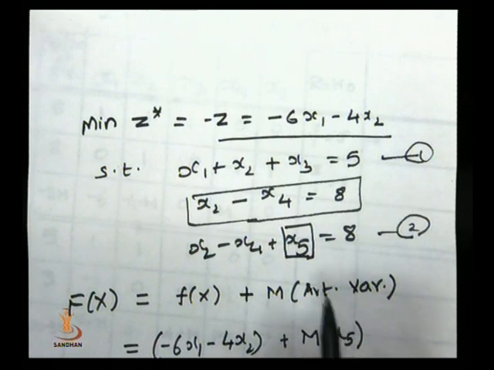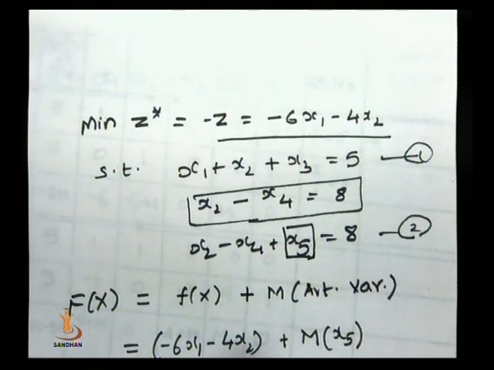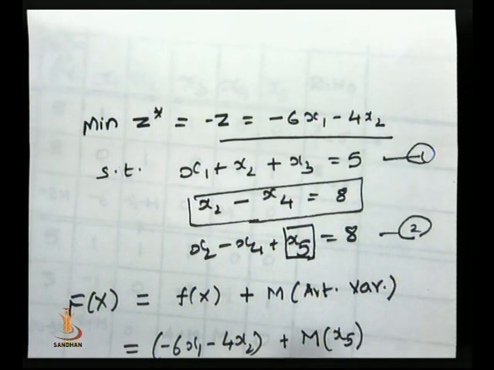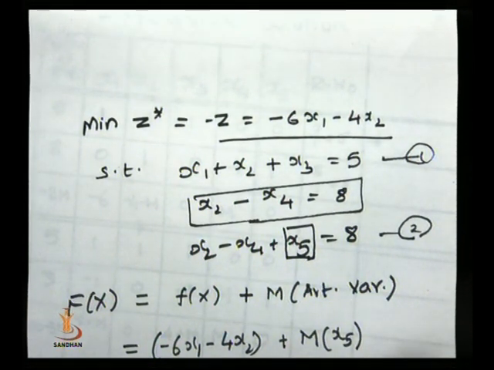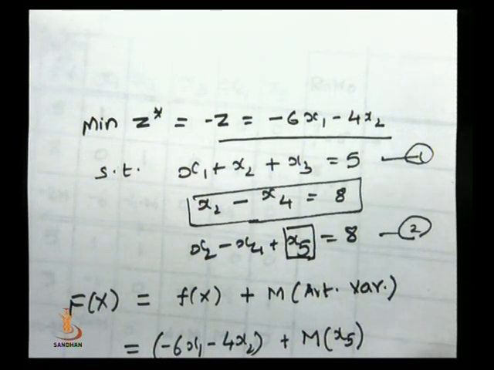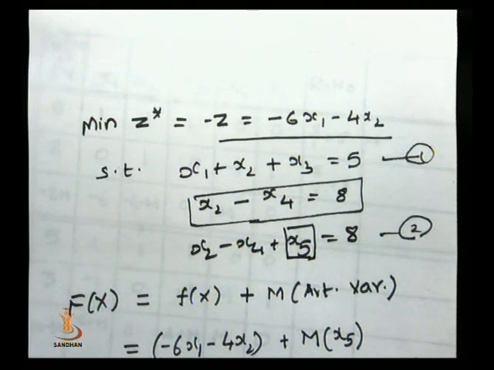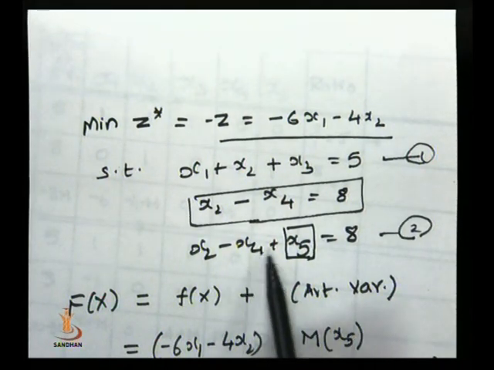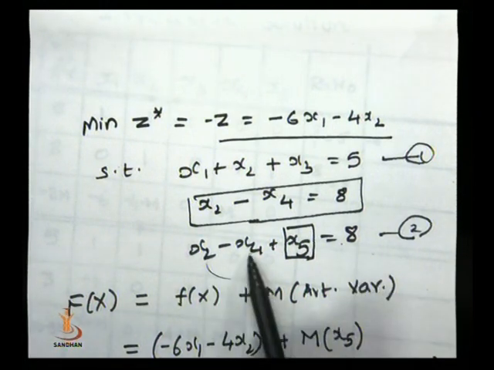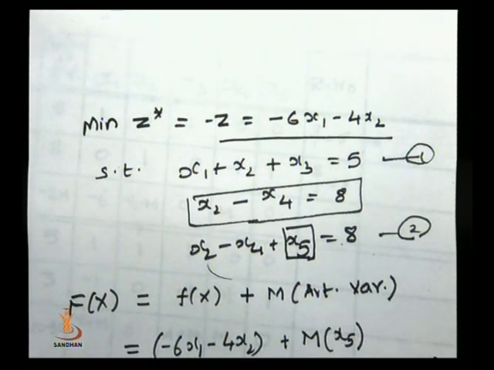So for that, we will convert this function in this manner. M times x5 is written using this second equation: x5 is equal to 8 minus x2 plus x4, which is substituted over here.